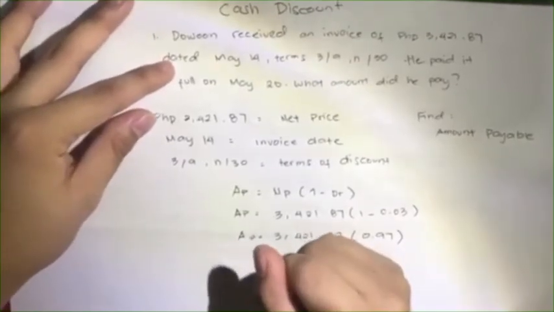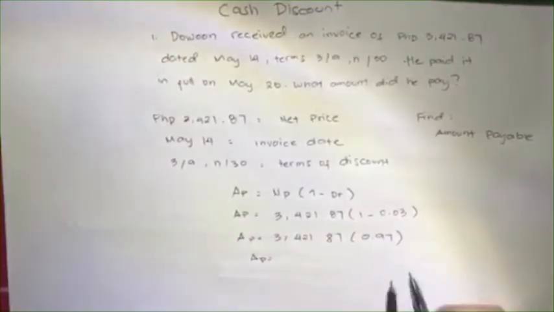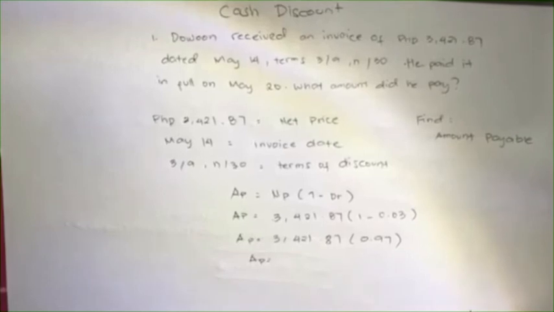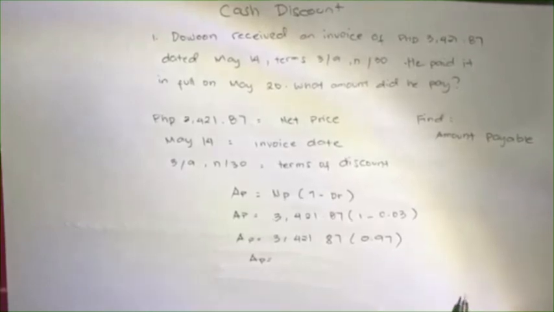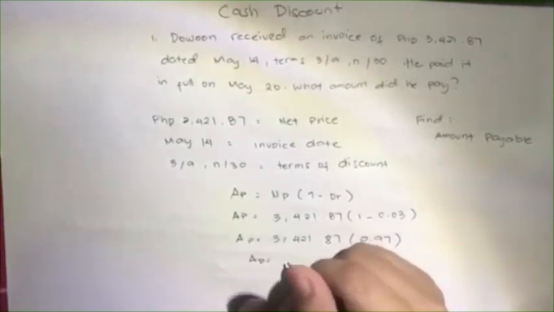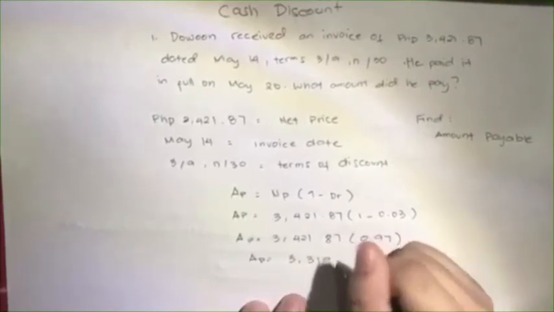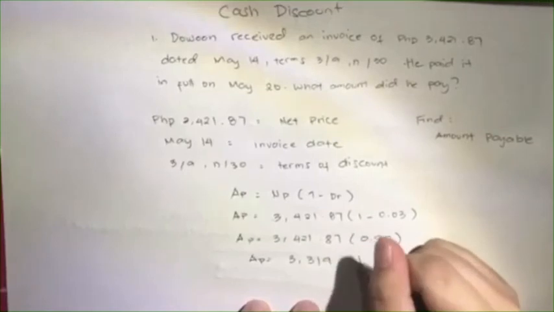And, lagay lang natin sa calculator or kung kaya mano-mano. 3,421.87 times 0.97 is equals to 3,319.21.